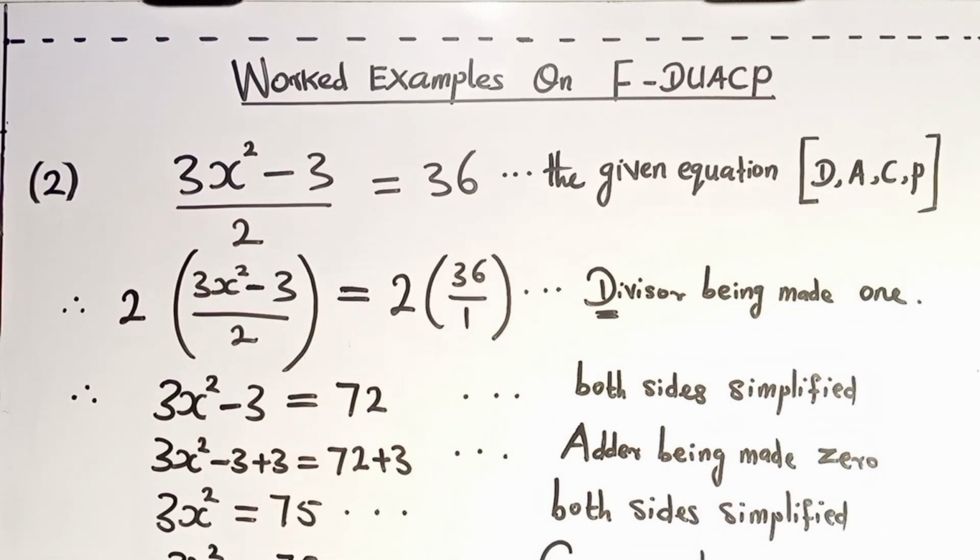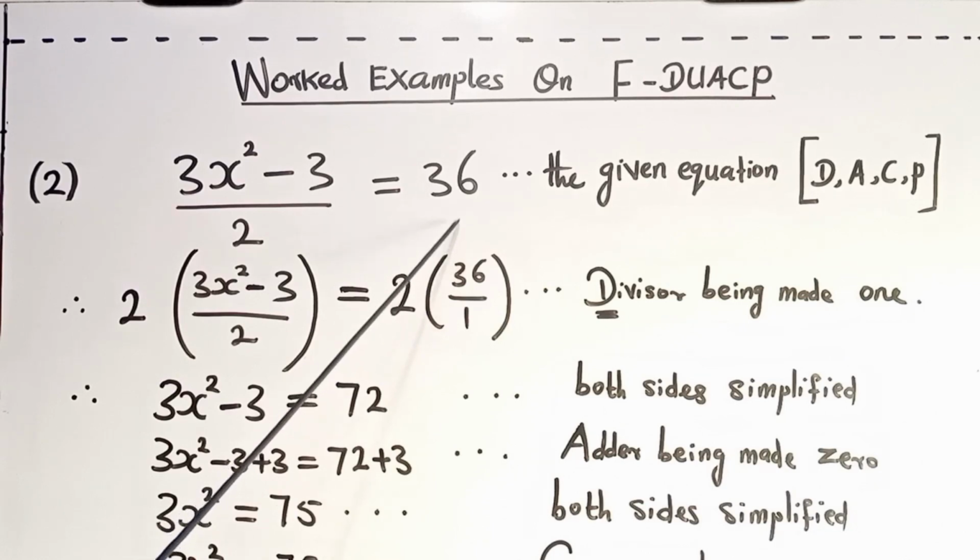Now, let us start with the first skill, which is the D. We now want to clear the divisor. The divisor is this 2. Please don't forget that we can write this equation as 3x to the power 2 minus 3 all over 2 is equal to 36 over 1.